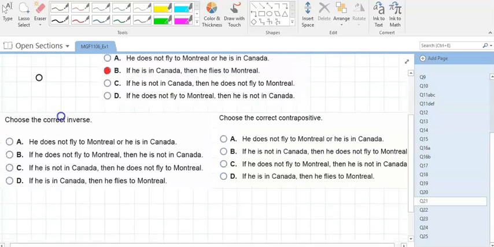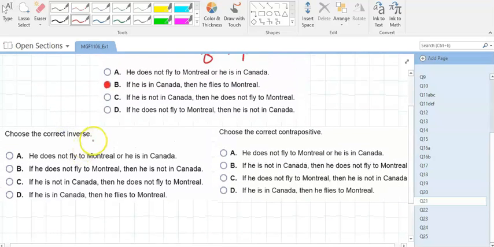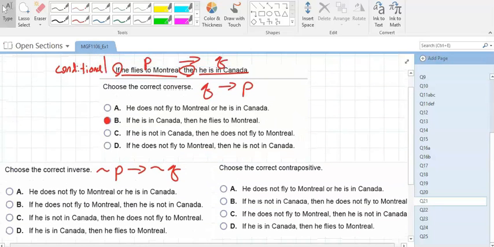All right. Inverse means that you're going to negate the P and then negate the Q. So which one down below represents the inverse? It is B again.